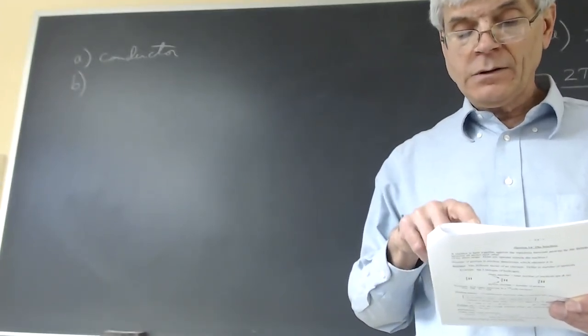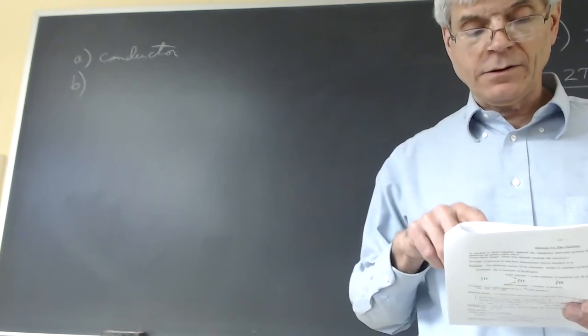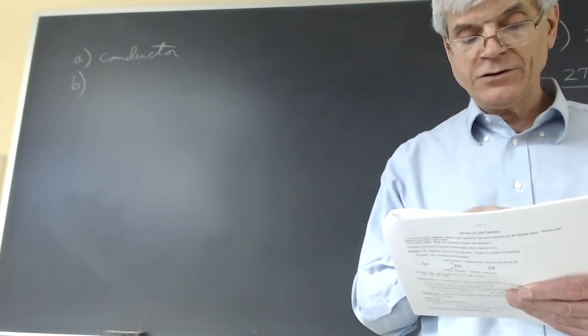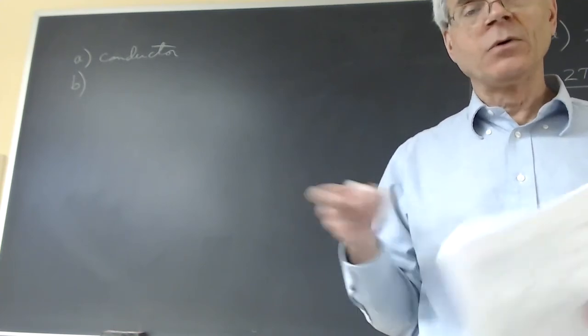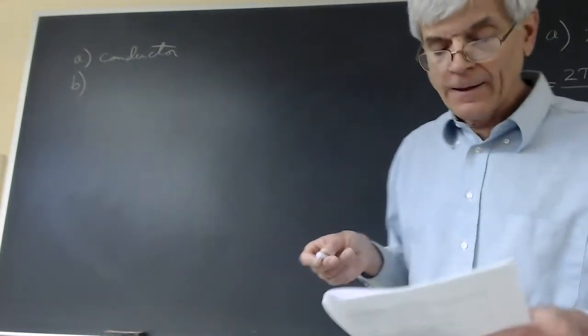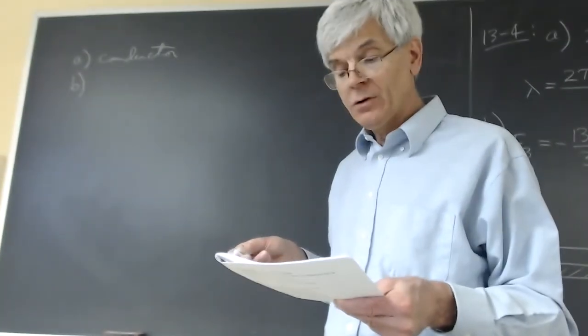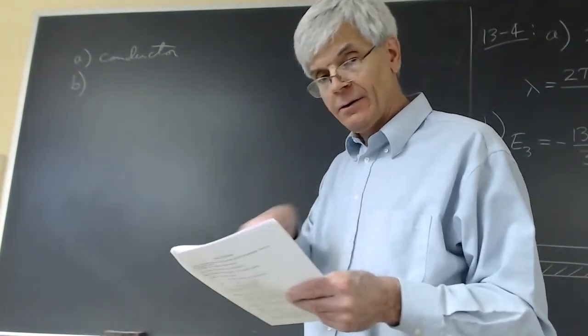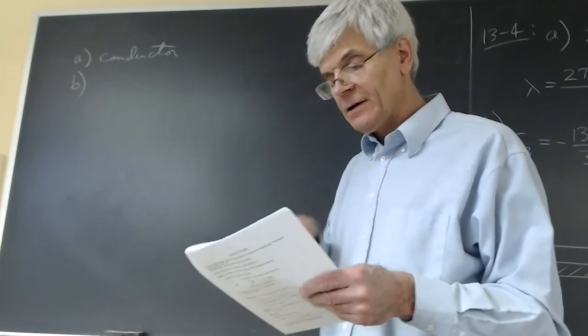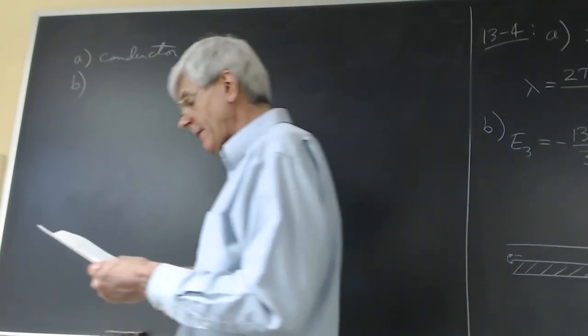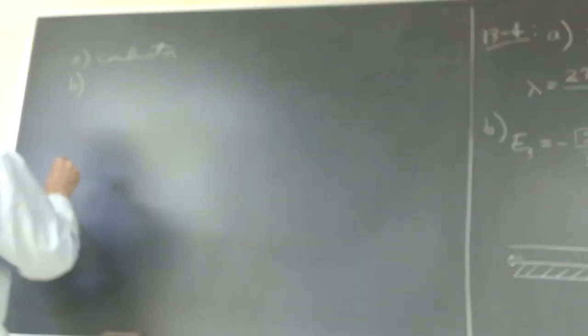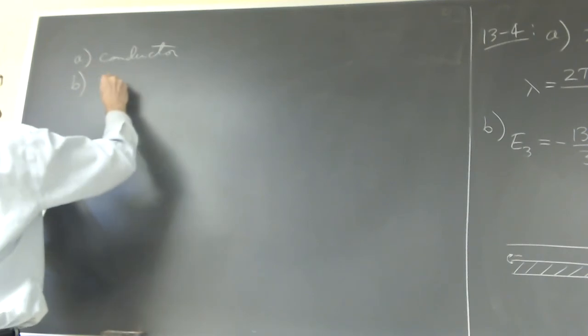So that will decrease the current. The more strongly charged that center layer gets, the more electrons collect in it, the more repulsion the horizontal current is going to feel as the electrons try to get through. So B would be decrease.